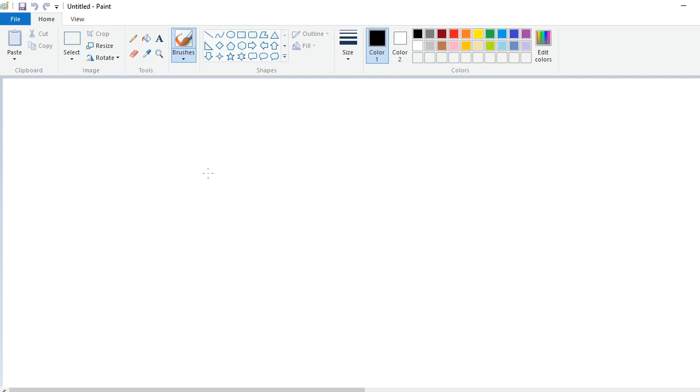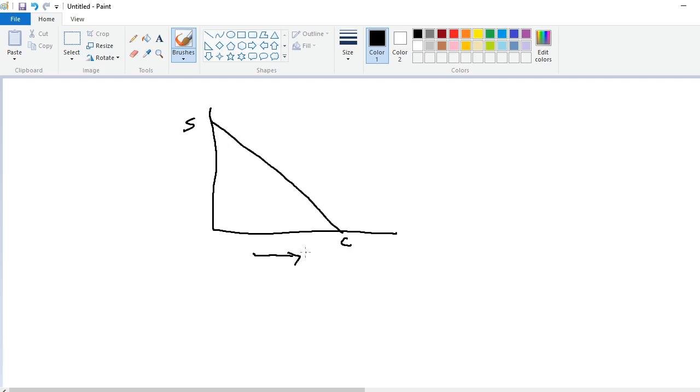Load line is the line drawn between the saturation point and the cutoff point. This is the saturation point and this is the cutoff point. The amplifier is connected in CE configuration. The output voltage of CE is VCE and the output current is IC.